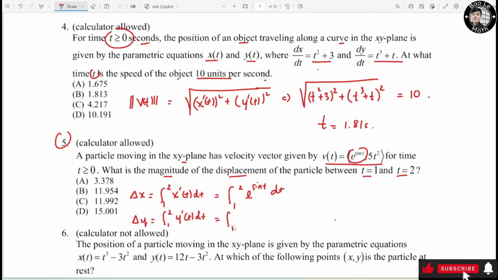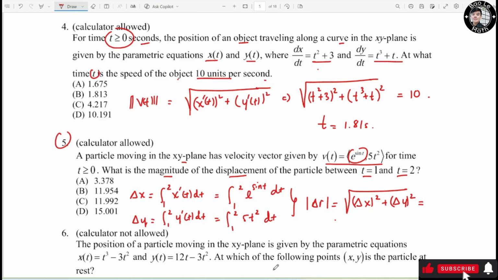It's going to be the integral from 1 to 2 of 5t squared dt, right? The absolute value of delta r equals the square root of delta s altogether squared plus delta y altogether squared, right?